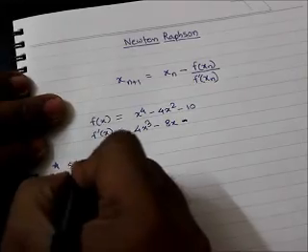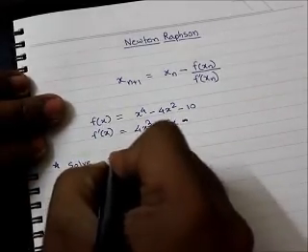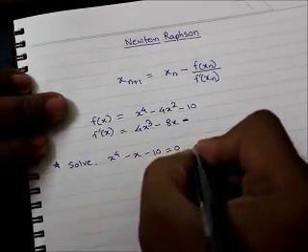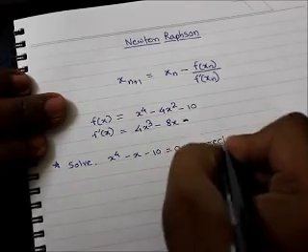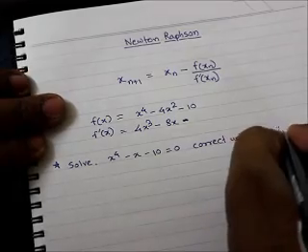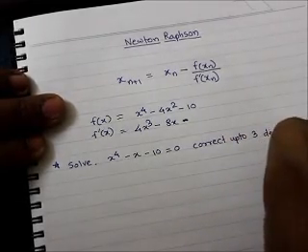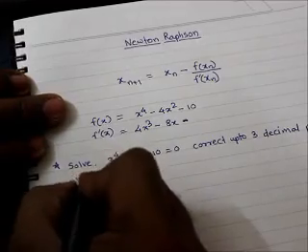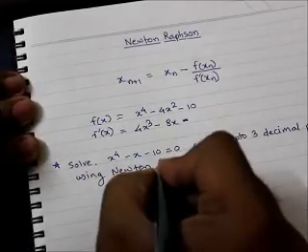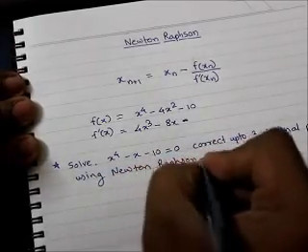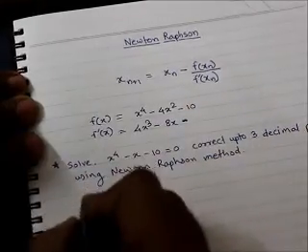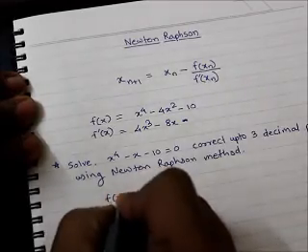Solve x raised to 4 minus x minus 10 is equal to 0, correct up to 3 decimal places, using Newton-Raphson. Alright, now let's write this down first.